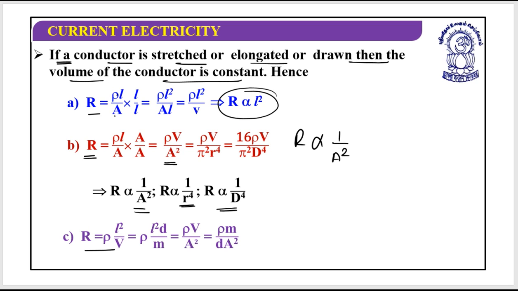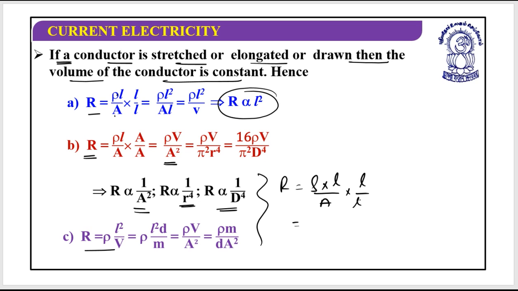Would you like to see how this can be written? Let's have a look. R is equal to rho into L by A. Now if you multiply both sides by L, this becomes rho into L square divided by area into length, which is the volume.